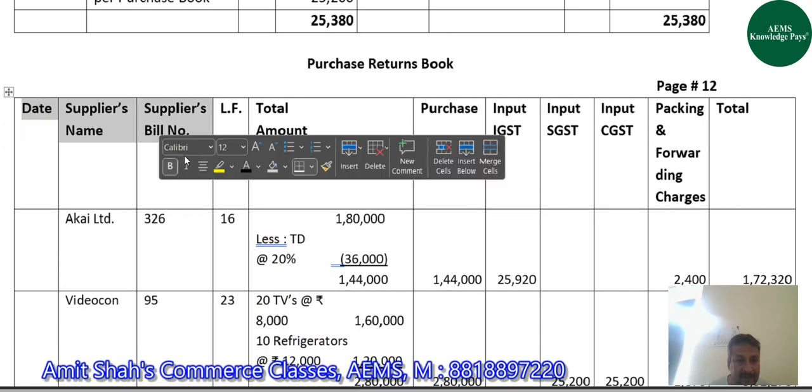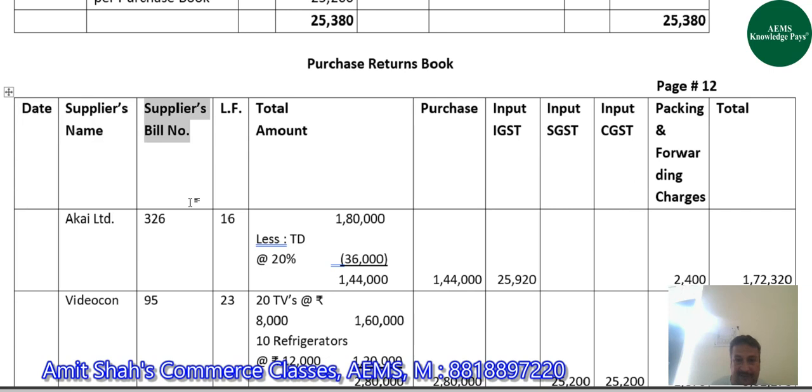Date, supplier's name. Now instead of supplier's bill number, since we are returning the goods, and when we return goods we debit the party, we raise a debit note. So here we will have debit note number.